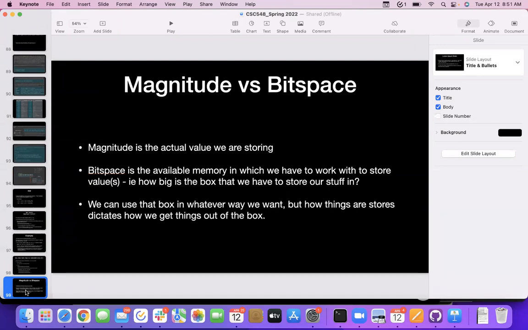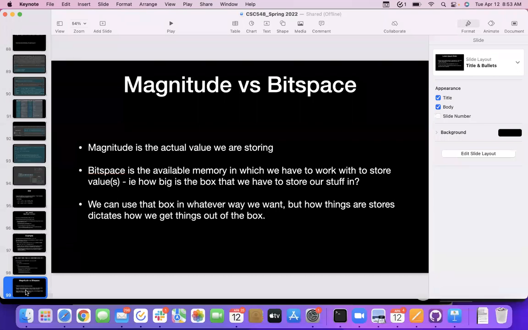The size of a value versus almost like the size of the yard we're dealing with. All right, so if you have a humongous value that's going to use up 32 bits of memory, the largest unsigned value that can live in 32 bits is like 4.2 billion or so. Well, if I'm going to store the number 4.2 billion, I need to use all 32 bits to do that.